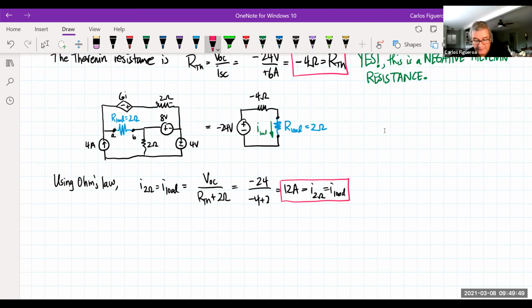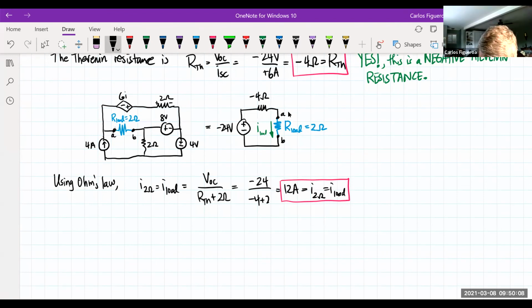Now, does it make sense that I really get a current like this? So check it out. Let me show you what's actually happening. Well, one, note that this is node A right here.